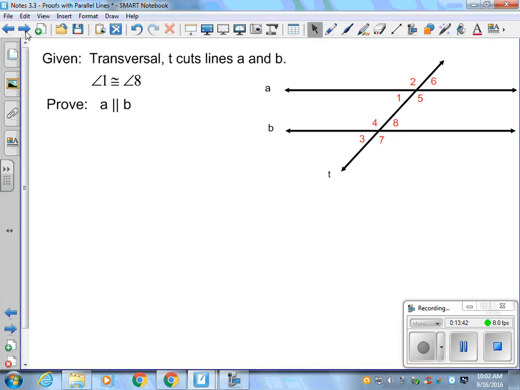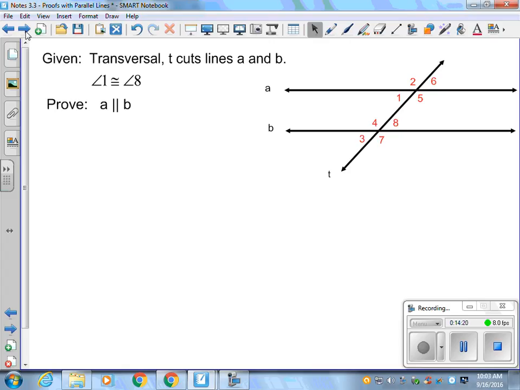See, not only does it say two lines cut by a transversal that are parallel make corresponding angles congruent, but if corresponding angles are congruent, then the lines cut by the transversal have to be parallel. And so the whole point of these types of proofs is to try to stick to vertical angles and corresponding angles as much as possible in setting up your question. But 1 and 8 is not one of those, is it? So they gave us that to kind of get us started. And that's one of the things we need to use when we work our question.